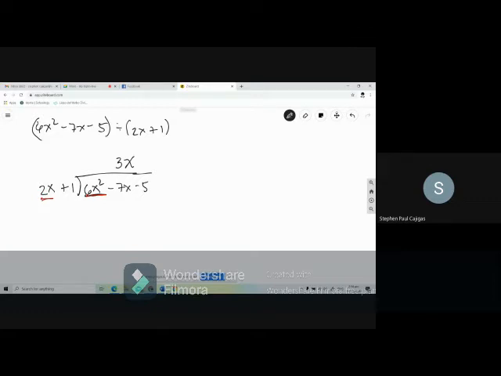Then, as in arithmetic division, we multiply 3x by 2x plus 1. This time, multiply 3x by 2x, so that is 6x squared. Then 3x times 1 is plus 3x. Then again, as in our division, we subtract this, so we put it in parentheses and put a minus sign.